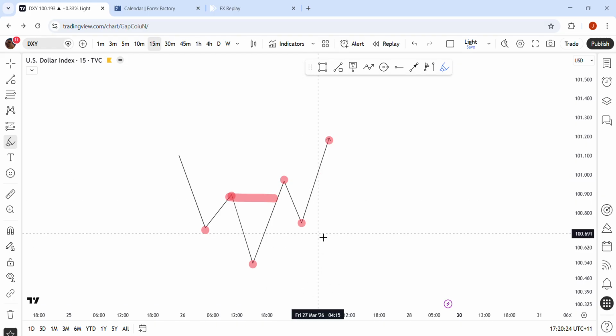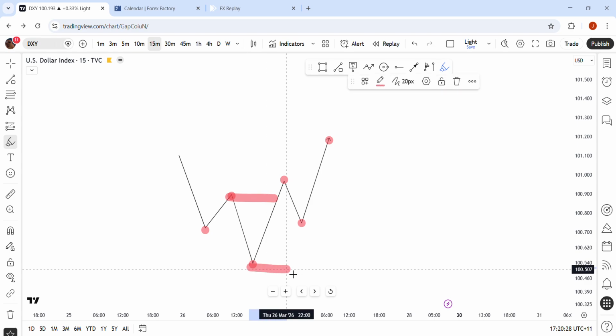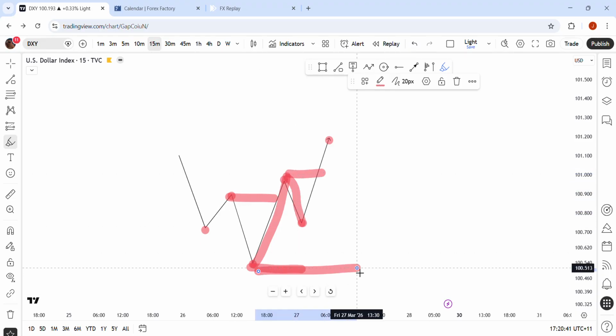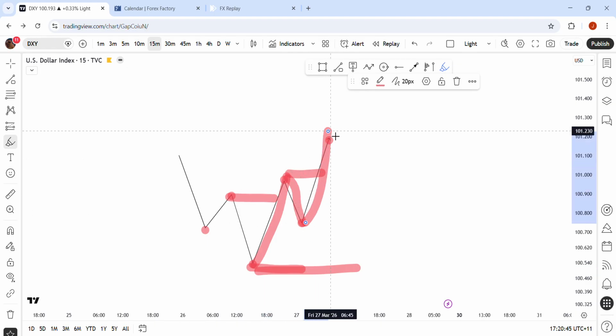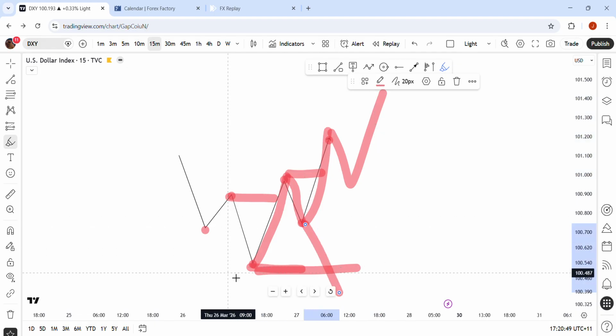Again, price remains bullish while it's in between this leg here. Once it makes a higher high and pulls back, it remains bullish until we break this level here or this level here. If we break this level, it makes a high and we look for continuations. If it breaks below this level, then we are bearish. Okay?